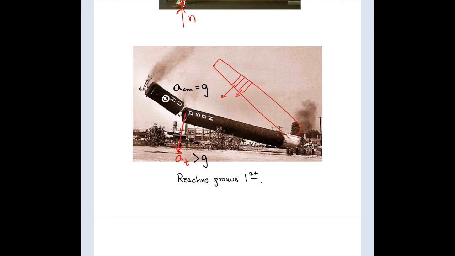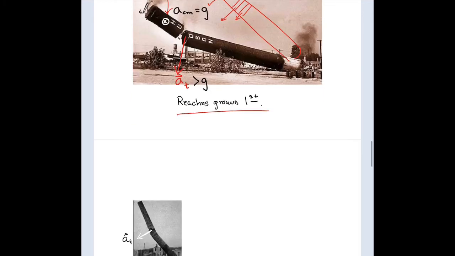So that tangential force overcomes the strength of the mortar, then it breaks, and now this becomes the new end of the stick, which falls away faster than the center of mass of the part that's left, which falls away with an acceleration of g. So the tip is going to hit the ground first.